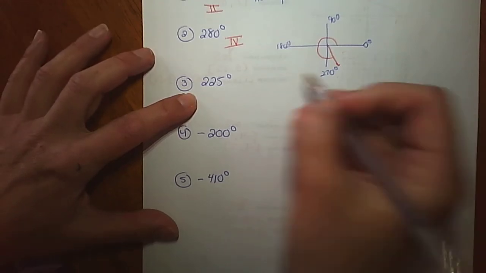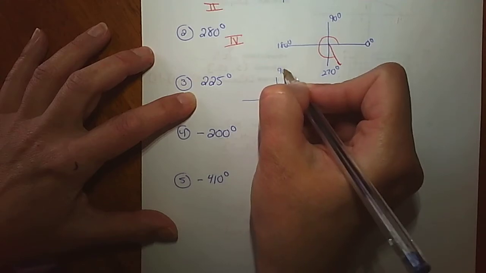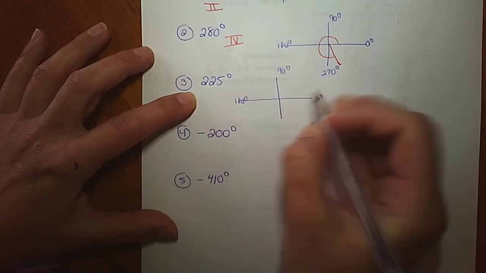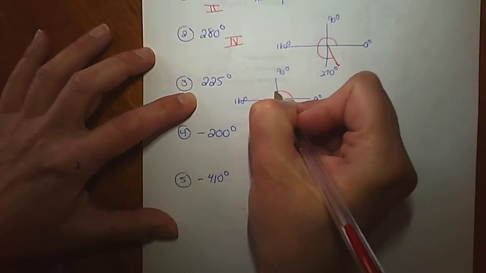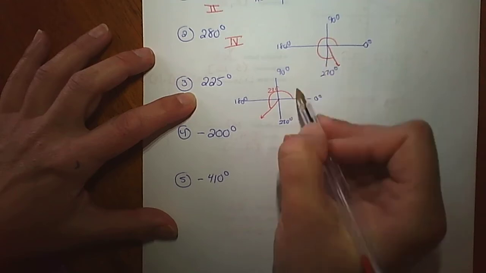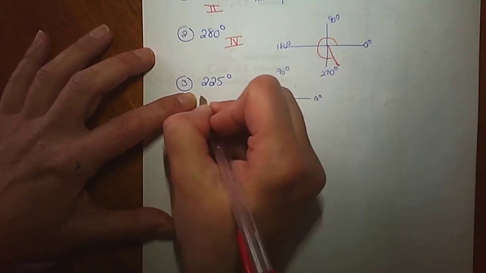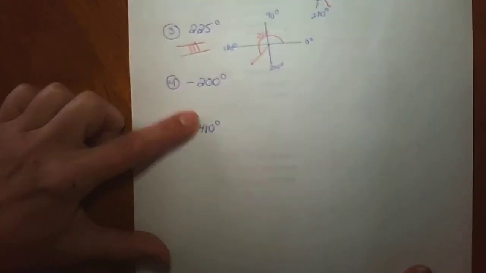225, 0, 90, 180. All right, that's 270. So 225 means I'm going a little past 180. That's 225. This is 1, 2, 3. All right, negative 200.